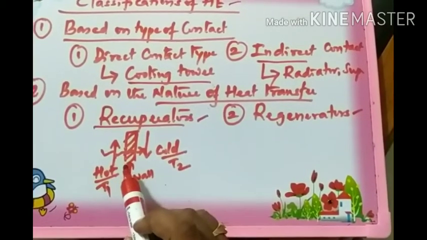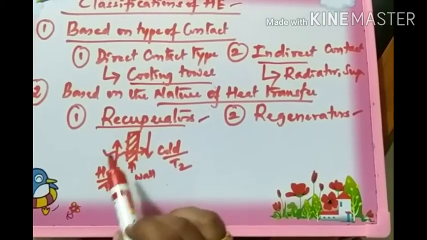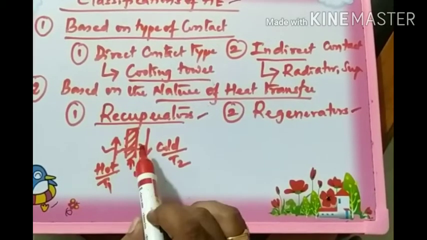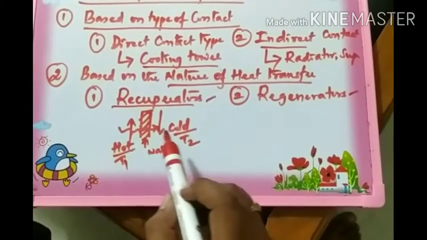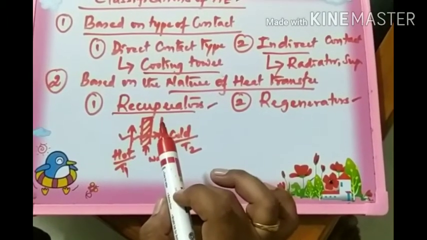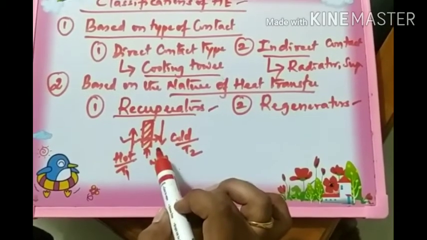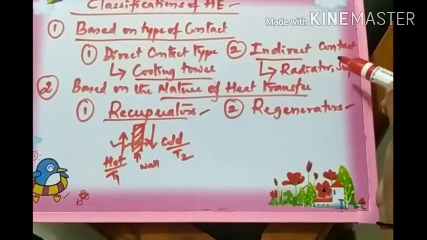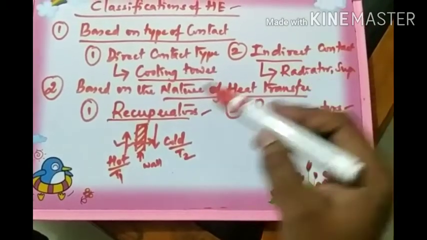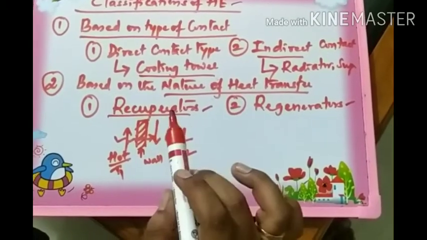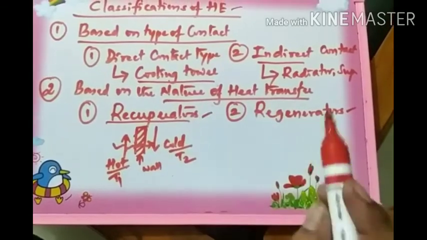Here the thing to be noted is the two fluids which flow in the recuperators do not come in direct contact. Hence recuperators are in general indirect contact type of heat exchangers. So whatever examples I quoted for indirect contact type of heat exchangers are also examples of recuperators. I hope this is clear.